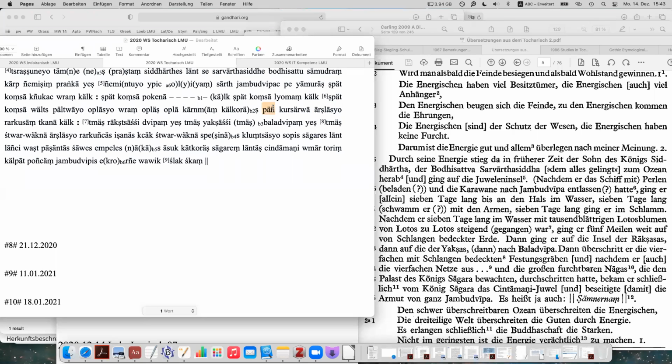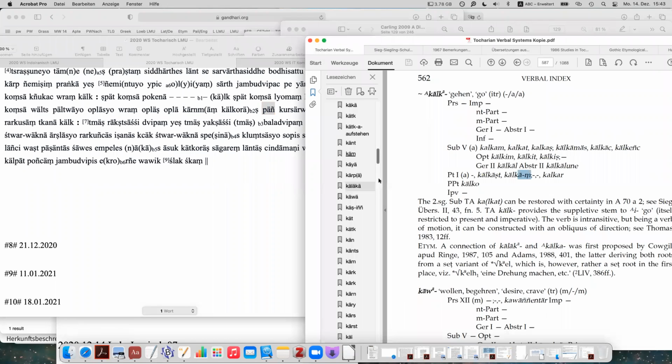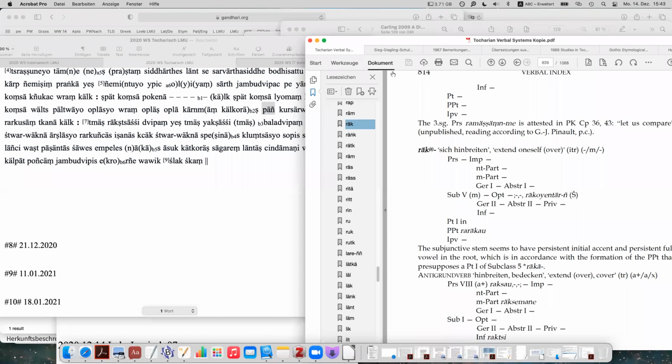And pen is cognate with Sanskrit panca, 5. And arshlasio means snake or serpents. And larkusha is the preterite participle of look. I can show you the root is here. Wait a minute. Look.